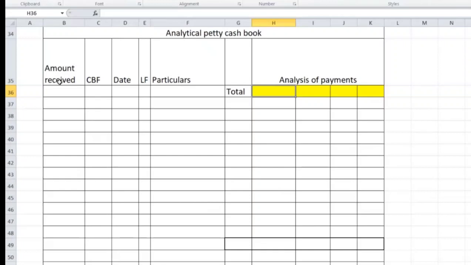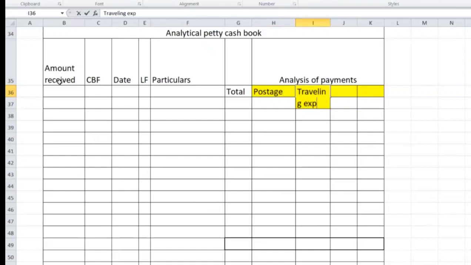According to that, we will be deciding the analysis of payments. So check the question to see what we have. First, we have postage. So I will give one column for postage. Next, traveling expenses are there, paid for cleaning is there, messaging charges, auto fare, Xerox charges. Auto fare is a traveling expense, so I will give one column for traveling expenses.